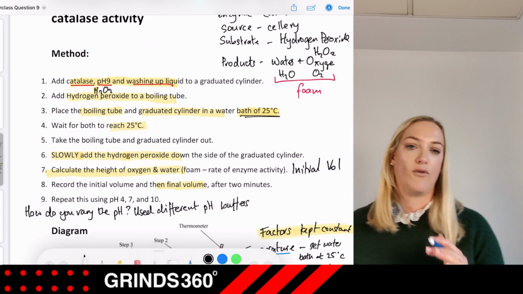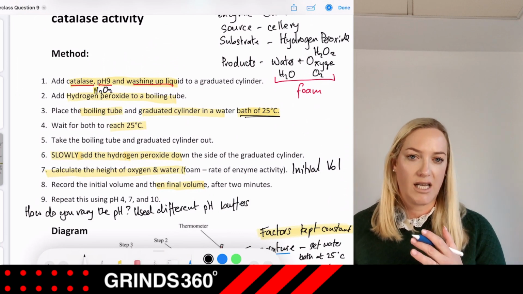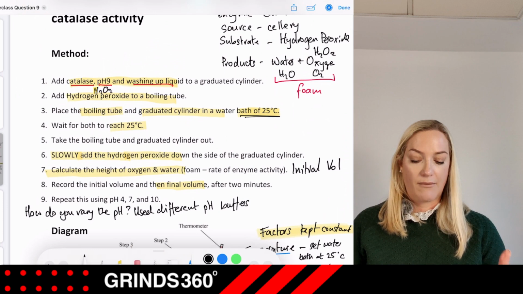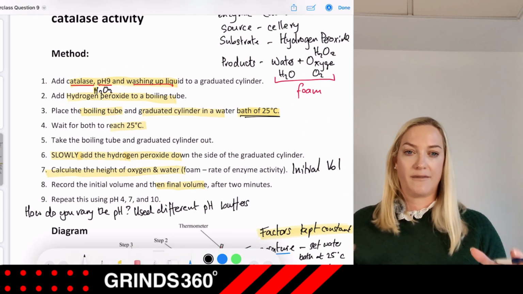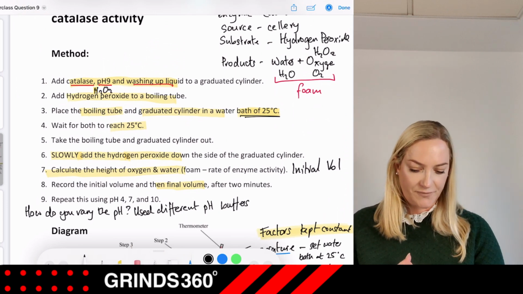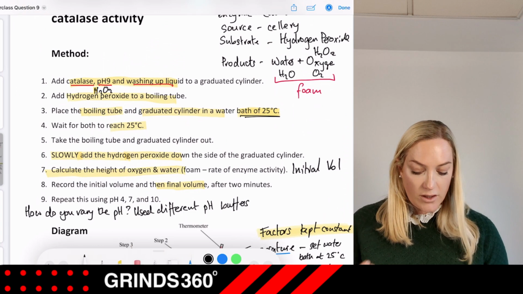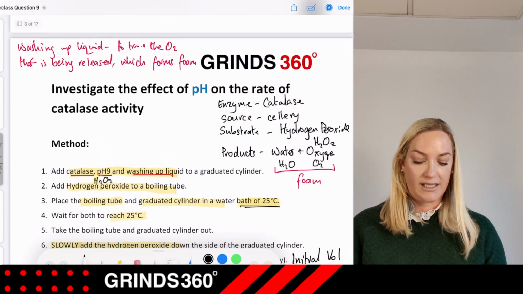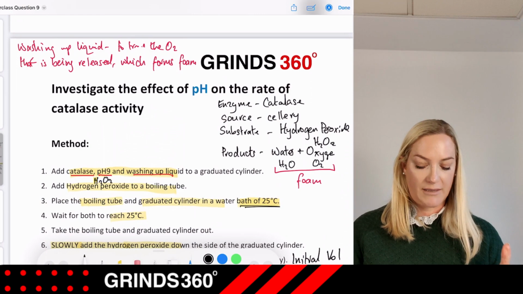Now, in 2024, they were very strict regarding giving the marks out for experiments, and they wanted different things linked together. So I'm going to go back over the important things that are required to investigate the effect of pH on enzyme activity.